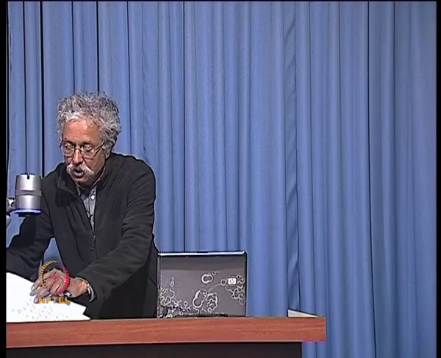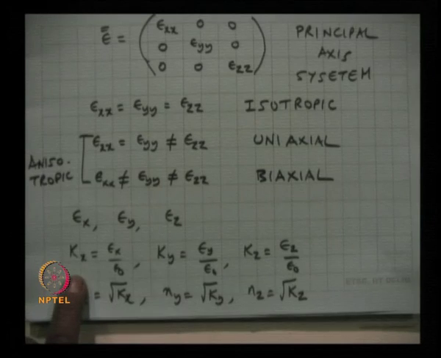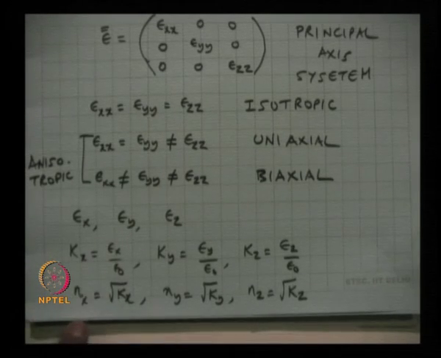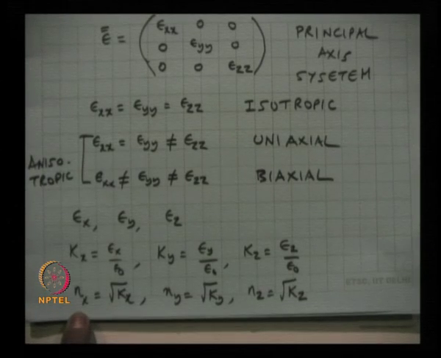How did we get the expression for nx equal to root kx? I am just extending the concept of refractive index. I define the principal dielectric constant as epsilon x by epsilon 0, and I define the principal refractive index as this. Now I have still not told you where this refractive index will play a role as far as the velocity is concerned.